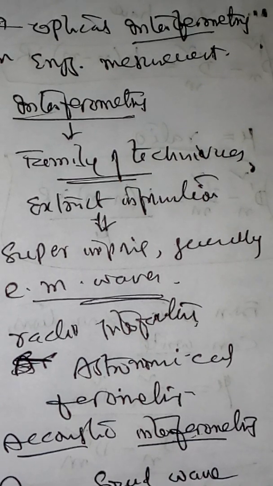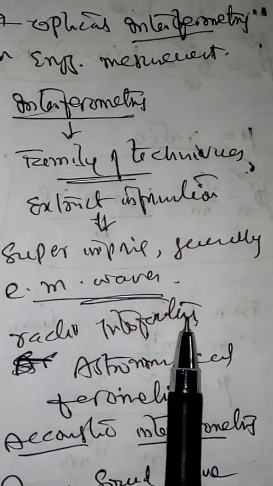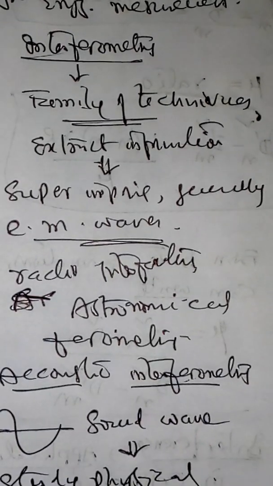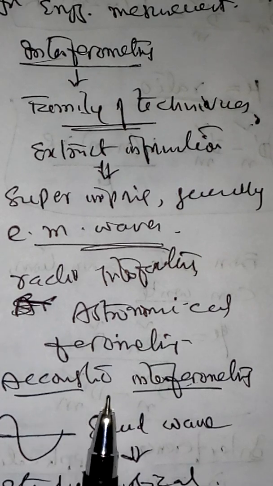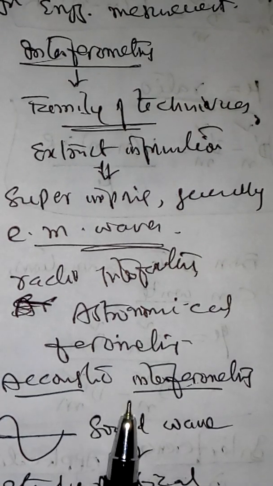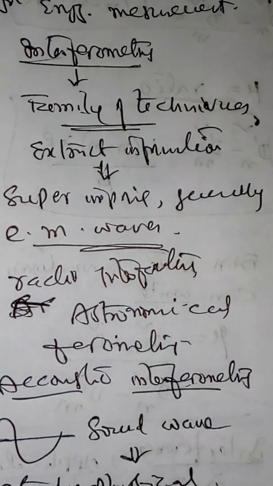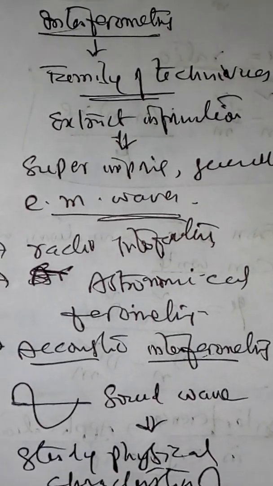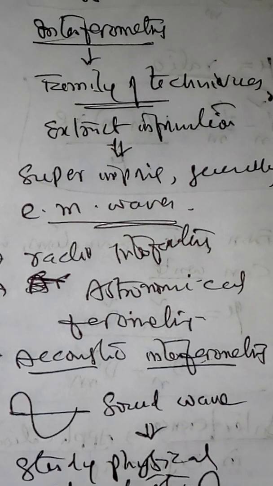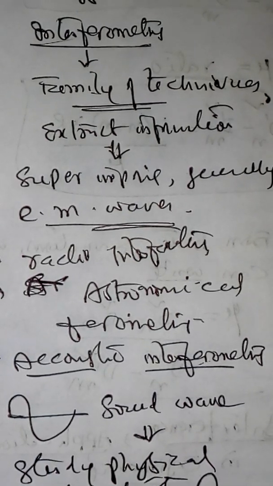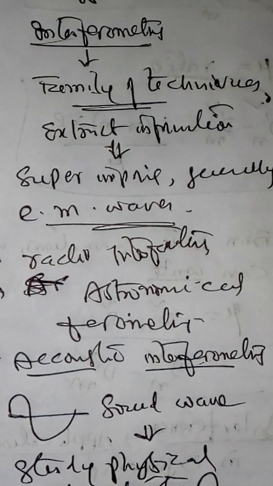Interference phenomena is used in optical interferometry for engineering measurement. Apart from that, interference is used in radio interferometry and astronomical interferometry. With the help of an acoustic interferometer, we can measure the physical characteristics of a sound wave in a gas or a liquid medium.